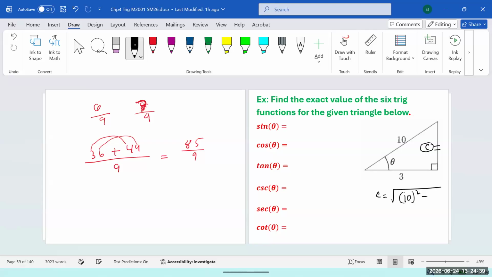Tens square, not plus, it should be minus, because you're subtracting from the hypotenuse. Anytime the hypotenuse is given and you're finding the length of the other sides, it is subtraction. And to find the hypotenuse, we add the 2 sides. Okay, so we have 100 minus 9, which is square root of 91, right?